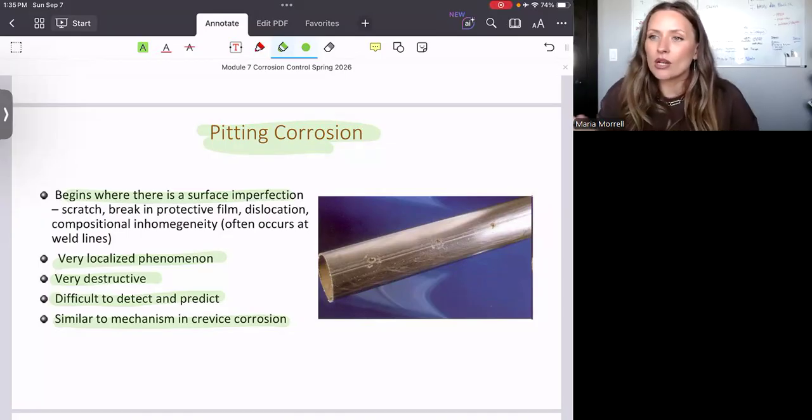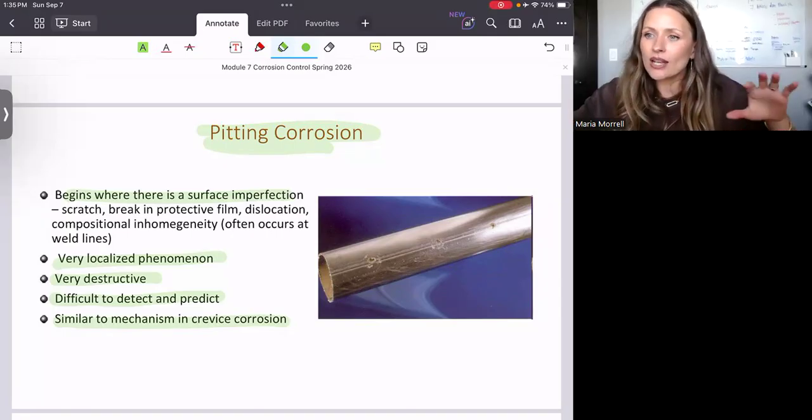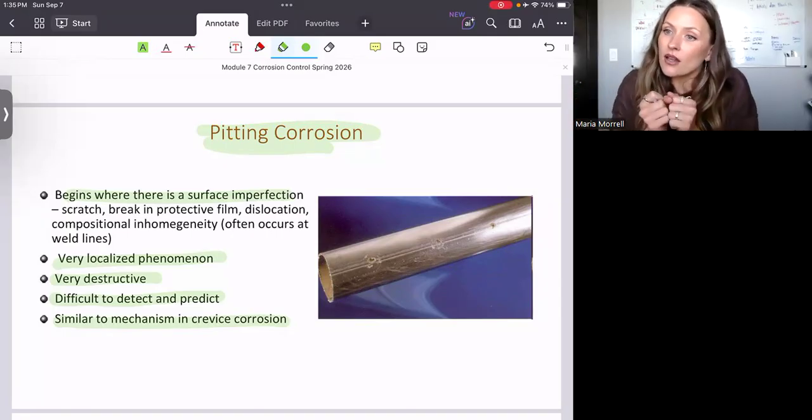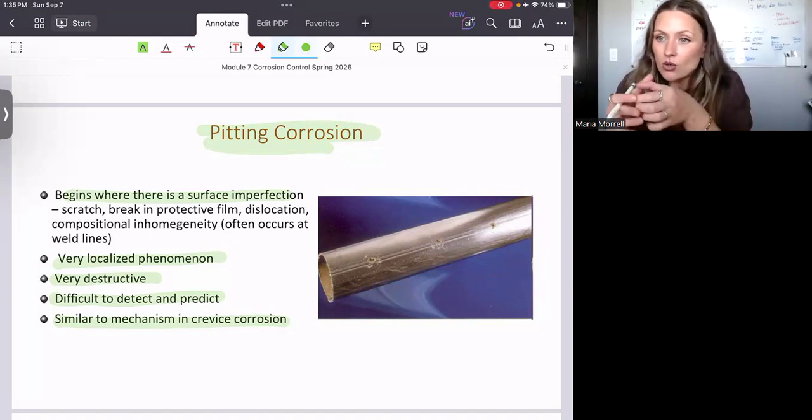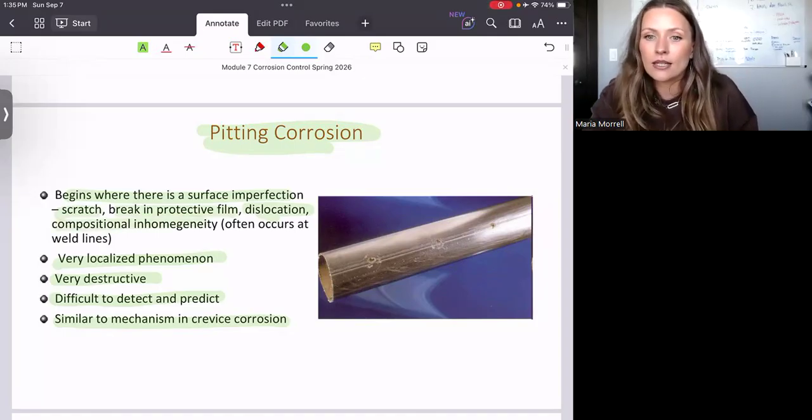Whenever you have an alloy, you want things uniformly distributed. You don't want to ever have things clustered and sitting as an island within your material. That's going to be your tiny, tiny spot of imperfection. Or it could also be just dislocation, right? So once again, scratch, break in protective film, compositional inhomogeneity, and things like that.